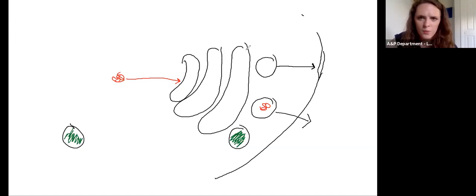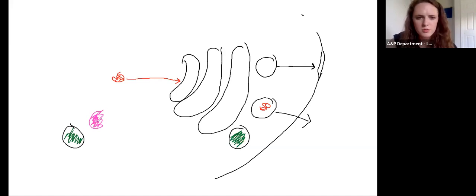So let's say we have a broken organelle. We're going to have a broken ribosome. Our ribosome is broken in half. Here's a ribosome. This lysosome can come up to your broken ribosome.